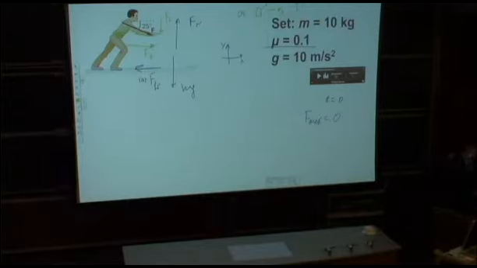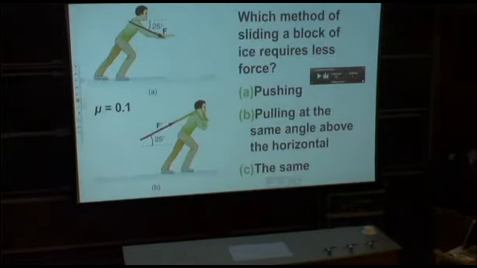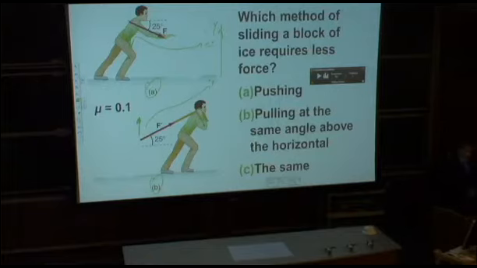So the difference between this case A and this case B is the direction of this component. So if we choose positive direction upward, this component is negative relative to this axis, and this component is positive relative to the same axis. That's it.